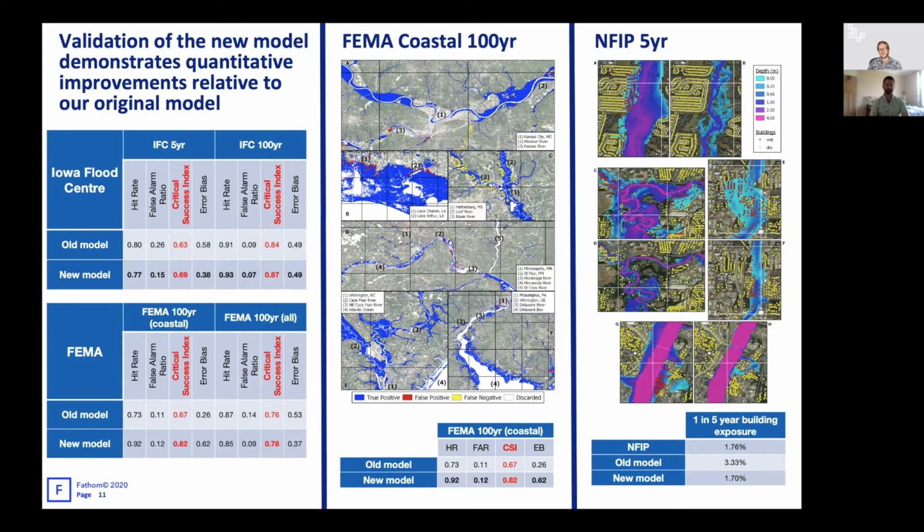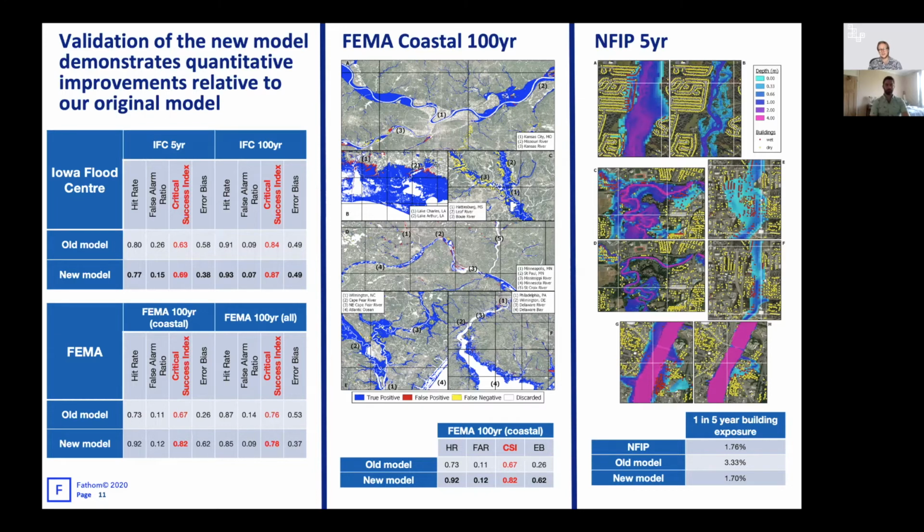The NFIP analysis is interesting. It shows that the proportion of the building stock within the 1 in 5 year floodplain in our model has reduced from 3.3% in our old version to 1.7% in the new version. This is interesting because the 1 in 5 year claims rate within the NFIP database is 1.76%.